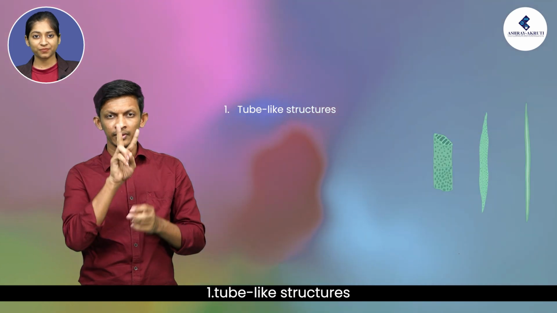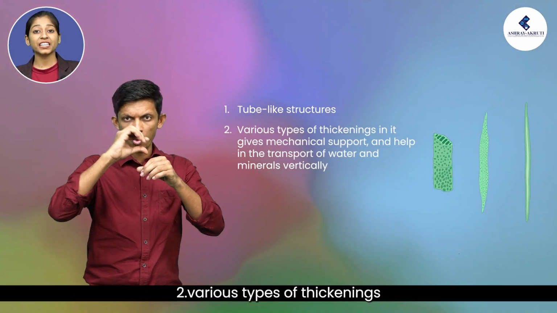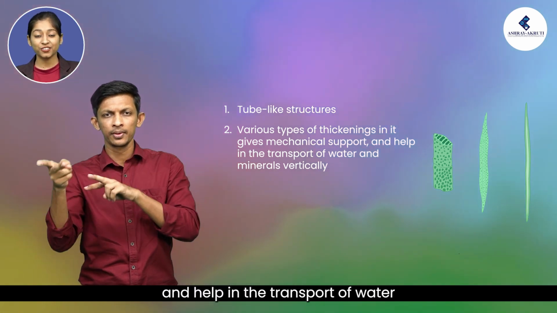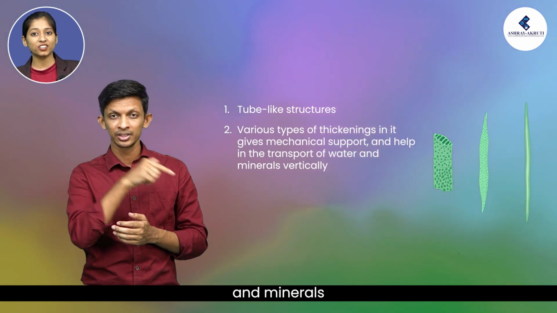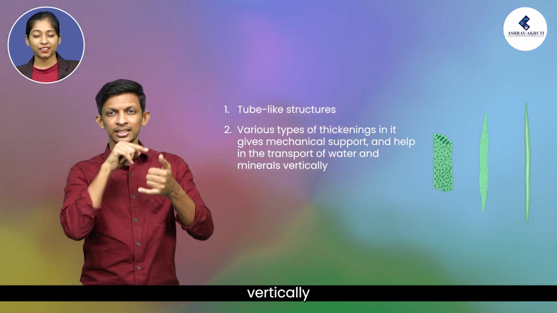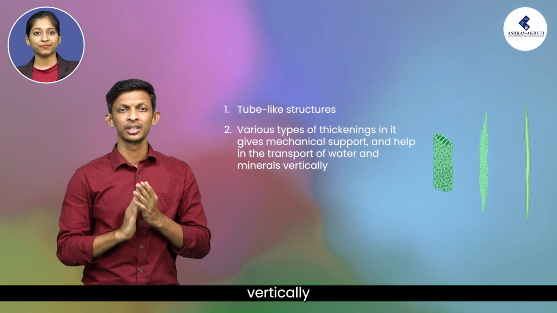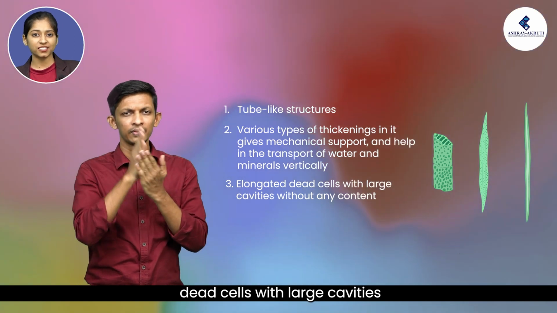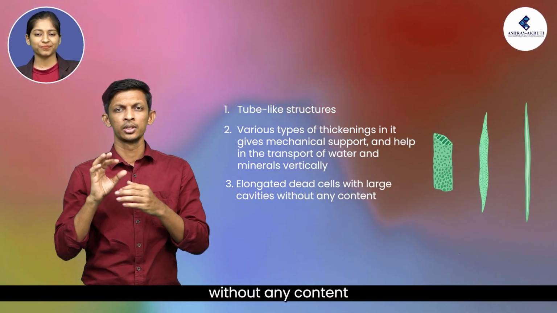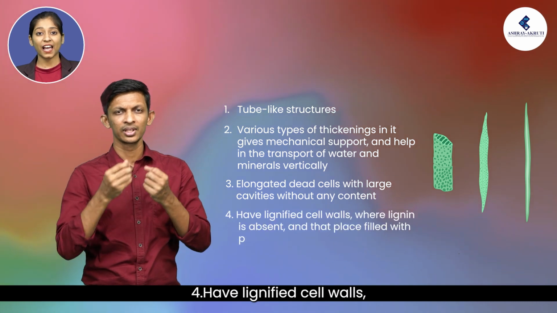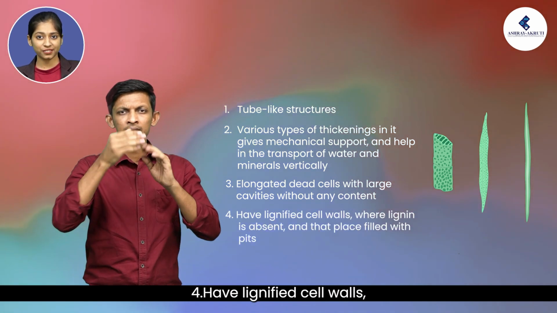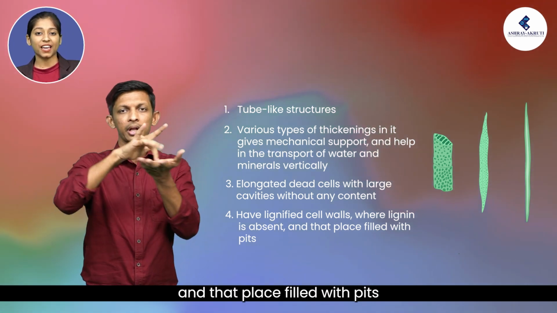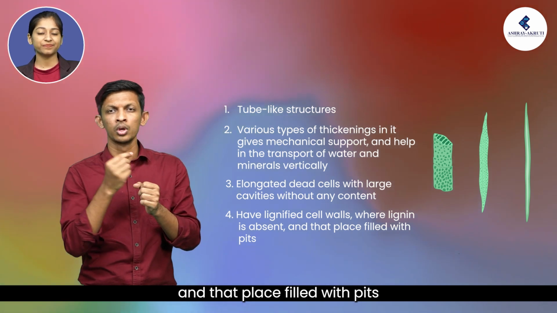Tube-like structures. Various types of thickenings in them give mechanical support and help in the transport of water and minerals vertically. Elongated dead cells with large cavities without any content. They have lignified cell walls where lignin is absent and that place is filled with pits.